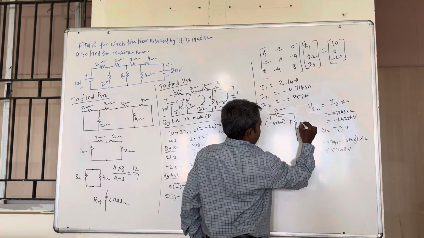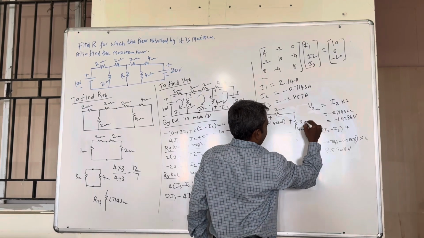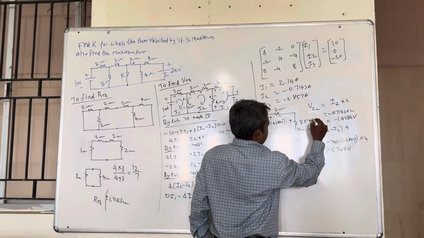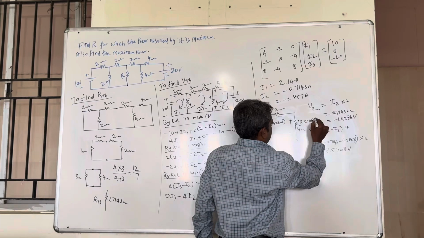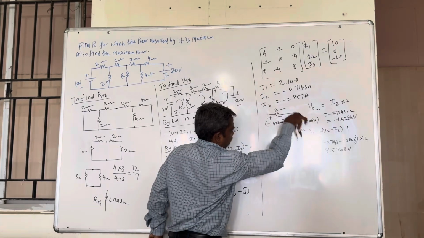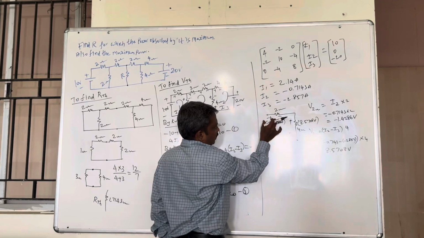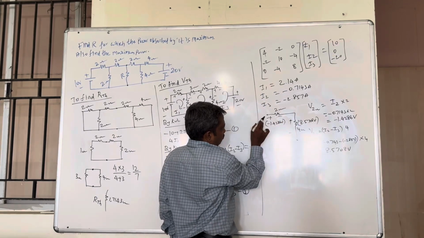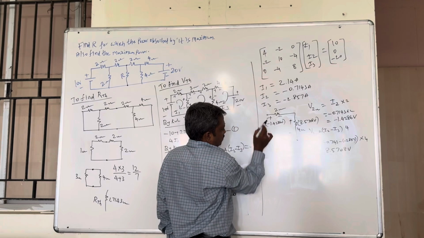So this is the voltage across these 4 ohm, 8.5708 volt. I am traveling from this point to this point, and I am adding the potentials. From here I am starting, I am seeing positive sign.